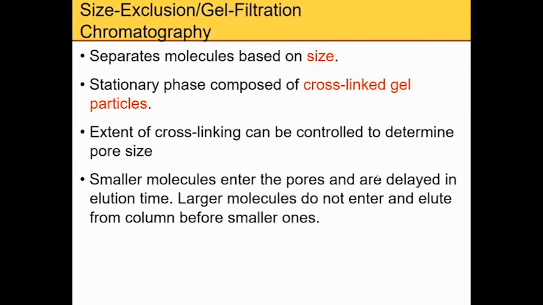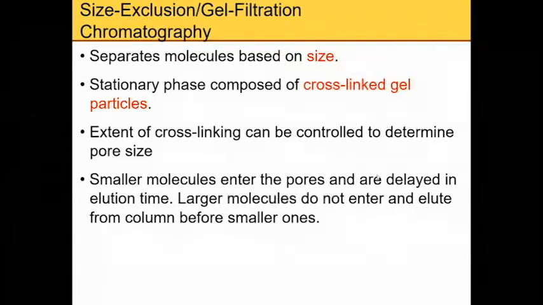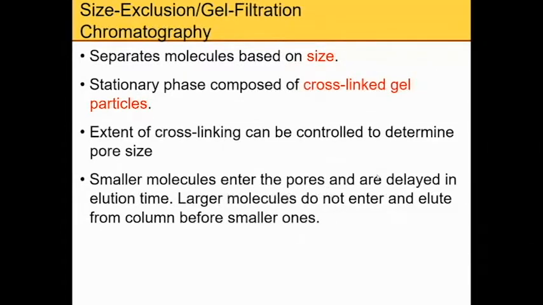Because they control the pore size, molecules smaller than the cutoff molecular weight will enter the pore, so they will be trapped by the resin. And the large molecules, those greater than the cutoff molecular weight, will not enter the pore, so they will be excluded from the resin. Therefore, they will elute out faster.